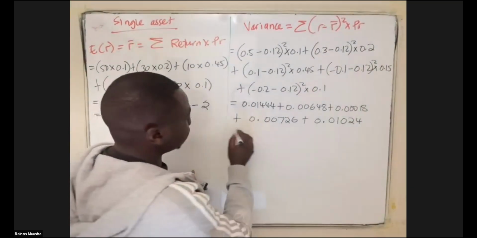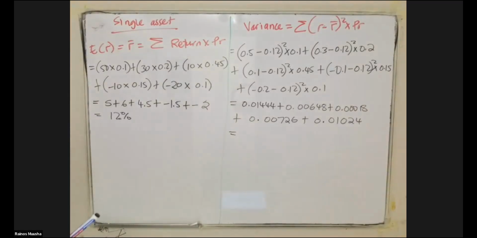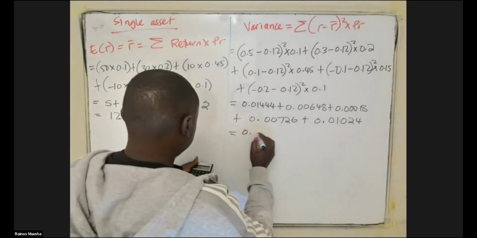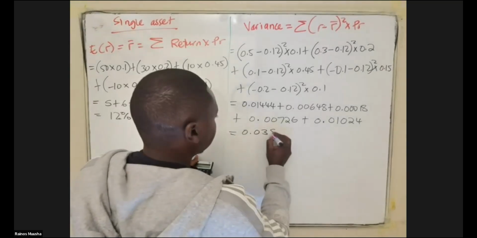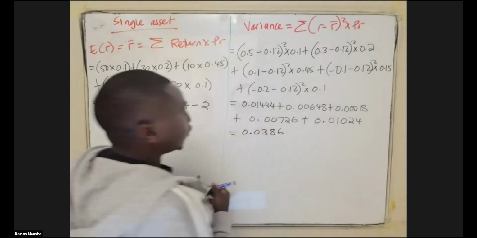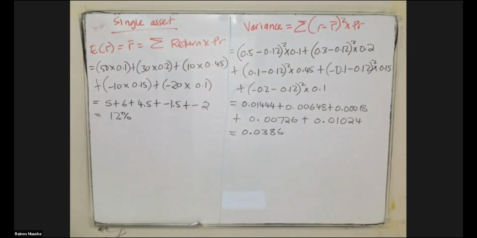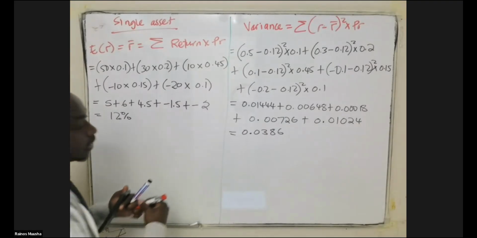So this is how much you get for each scenario. Then your variance is going to be 0.0386. So your variance as a decimal is 0.0386.